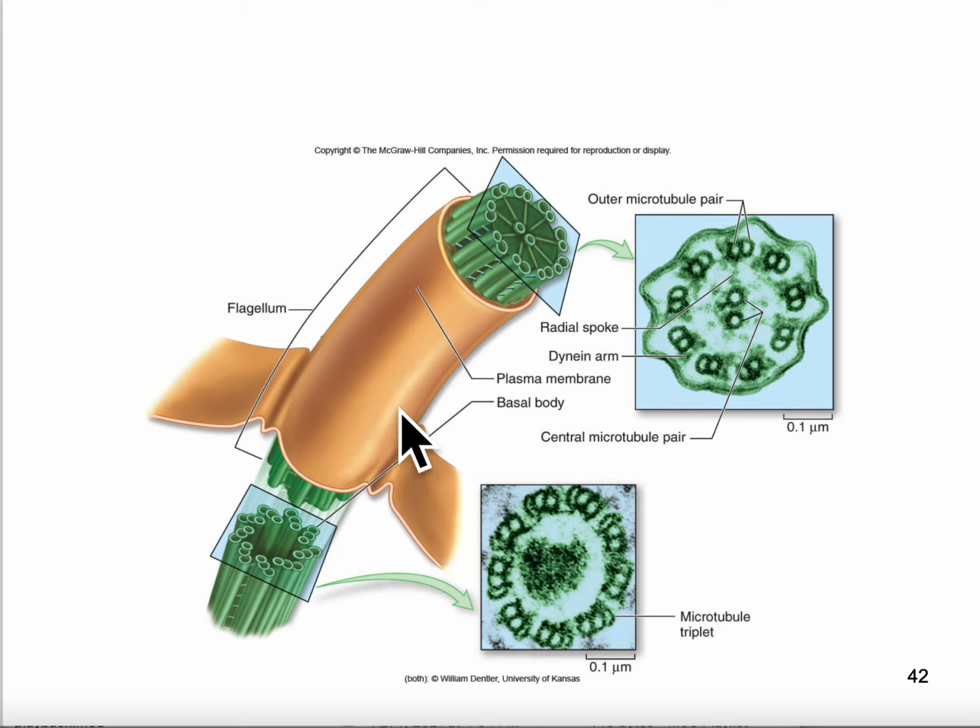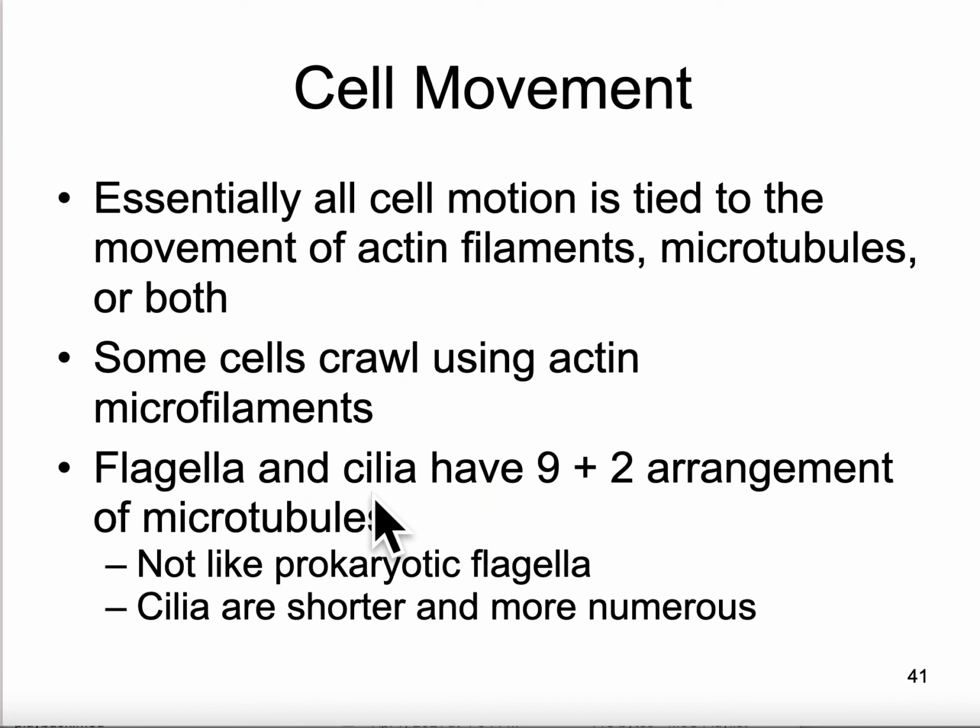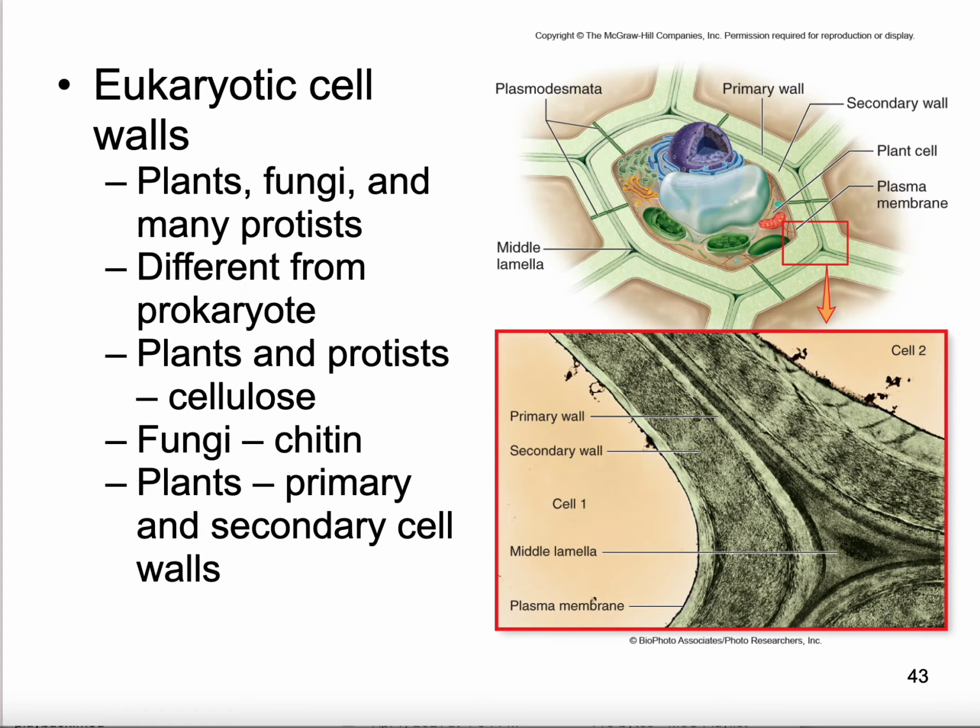So you have the plasma membrane surrounding it, and on the inside, you have the structure of a bunch of microtubules. Okay, so I just want you to know that flagella and cilia are made out of microtubules that are in special arrangements sticking out of the plasma membrane. Okay.